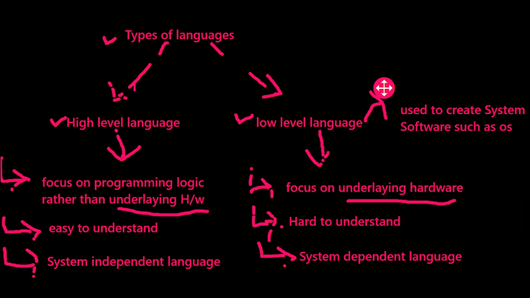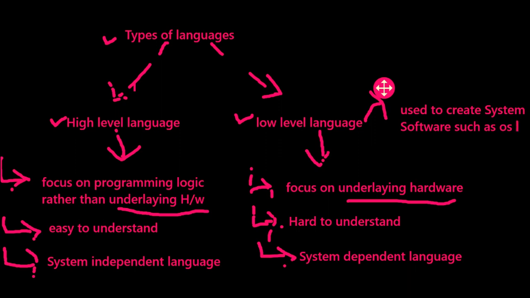Low level language focuses on underlying hardware, so it is hard to understand and it is system dependent. The low level language can be used to create system software such as operating systems.